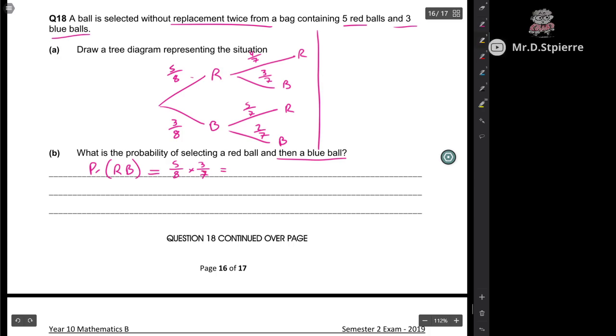We've gone to this red, then that blue. So 5 on 8 times by 3 on 7 gives me 15 on 56. Can we simplify that? 15 divided by 56. No, that's as simple as it can get.